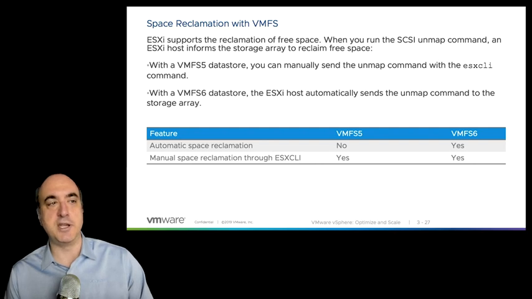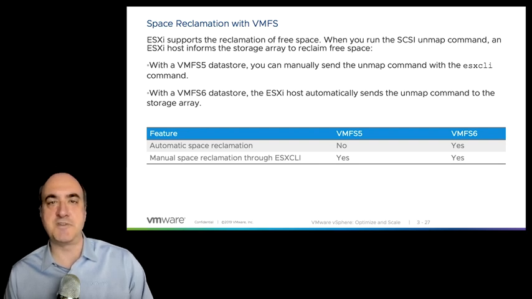You can do what's called manual space reclamation, where you run a command on the ESX server's command line, or you can have an automated UNMAP command that is done through the file system. As we see on our table here, automatic space reclamation is a feature unique to VMFS 6, whereas manual space reclamation using the ESXCLI command is available in both VMFS 5 and VMFS 6.